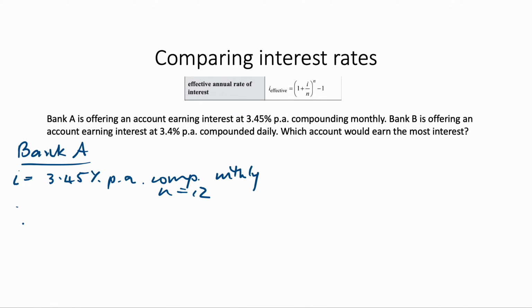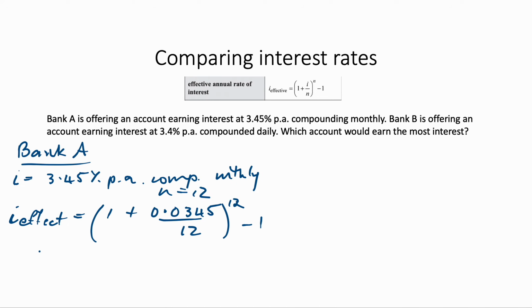Now if we put that in, i effective is going to be 1 plus 0.0345 over 12, to the power of 12, minus 1, and that comes out to 0.0350579, etc. Now, we're going to round it off a little bit, but you want to be careful to keep a bit of detail there because you need enough decimal places to enable you to compare between the two options and see which one's better.